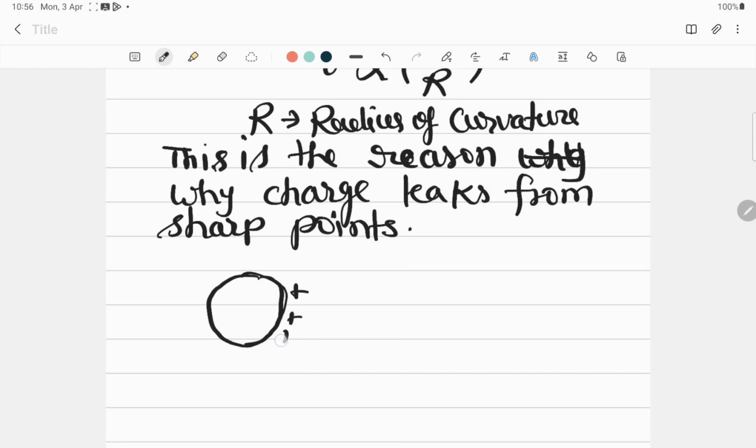So it will have charge uniformly and equally distributed over the entire surface.